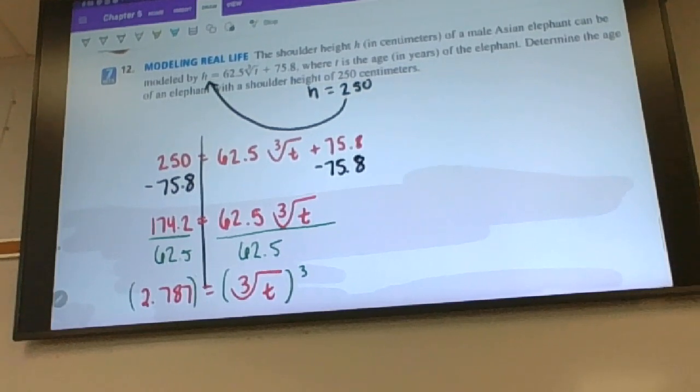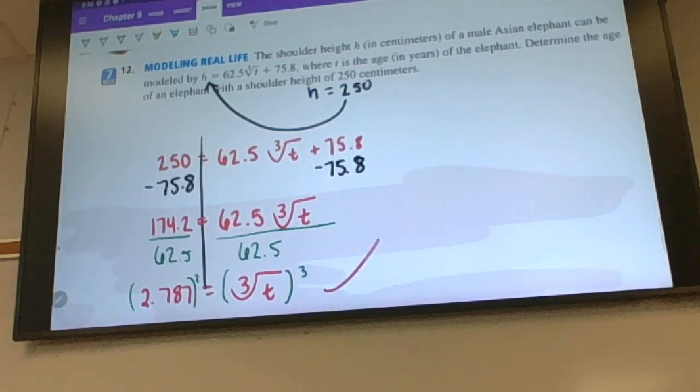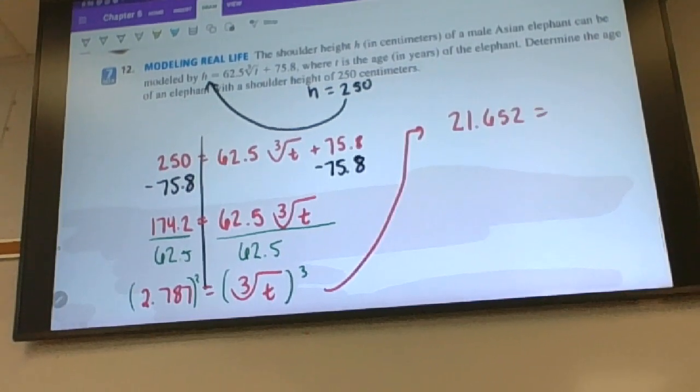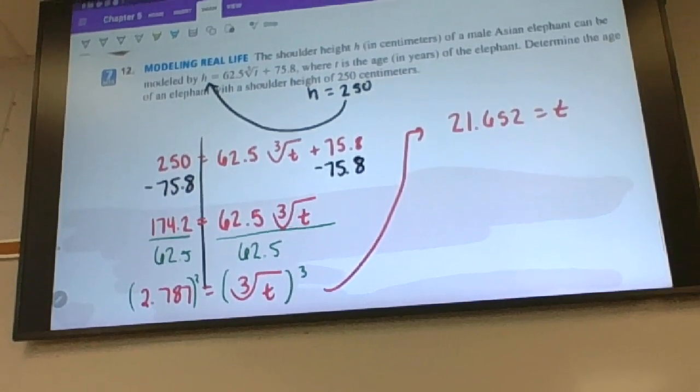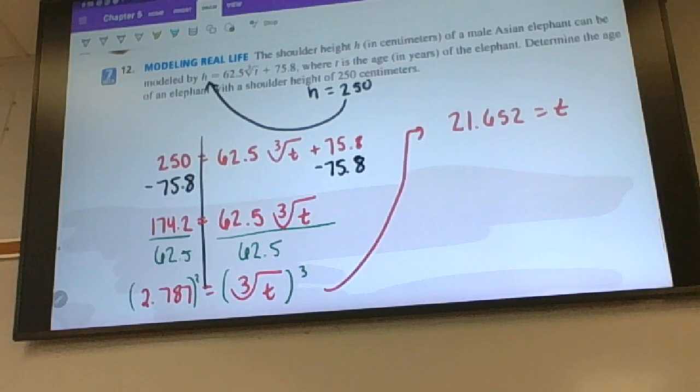Man, I just love to argue. I really do. And then we get 21.652 equals T. So the age of an elephant, if the height is 250 centimeters, is 21 years old.